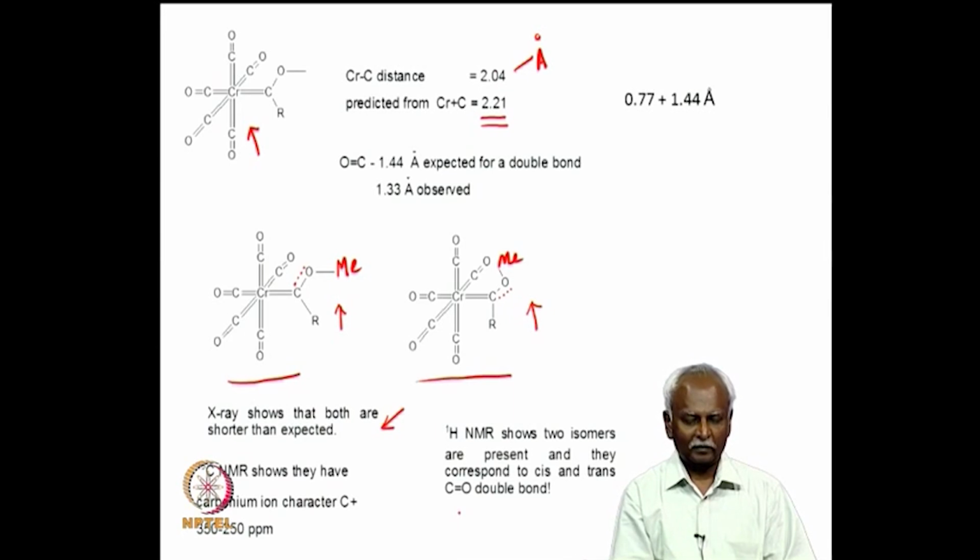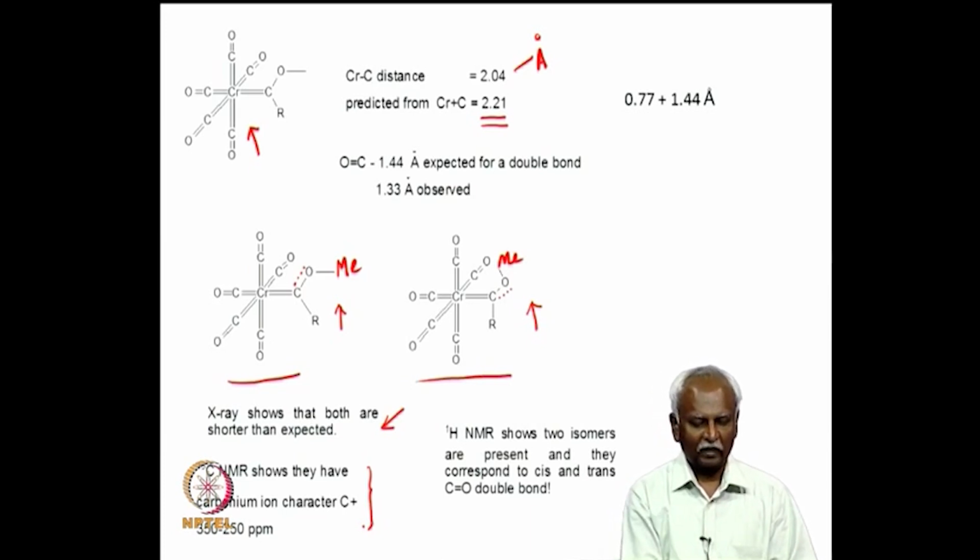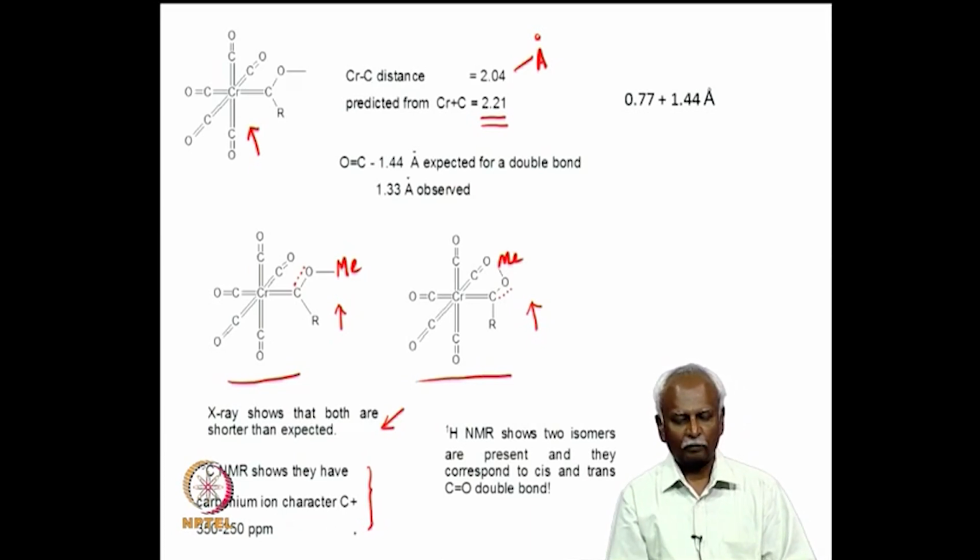If you look at carbon 13 NMR, you also find out that there is some carbenium ion character in this chromium hexacarbonyl and in the Fischer carbene complexes, because the chemical shift for the carbenium ion is quite high, and that is indicative of depletion of electron density around the carbon.